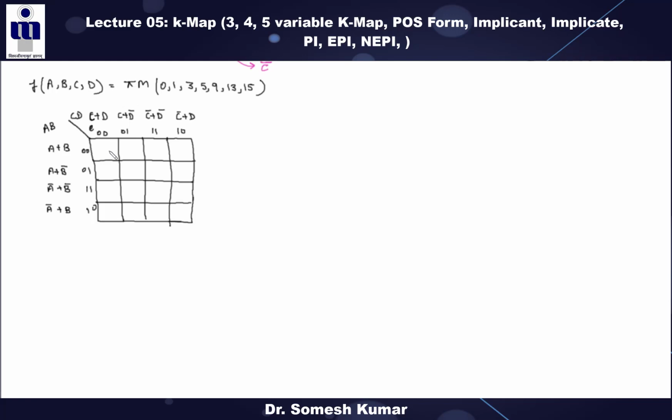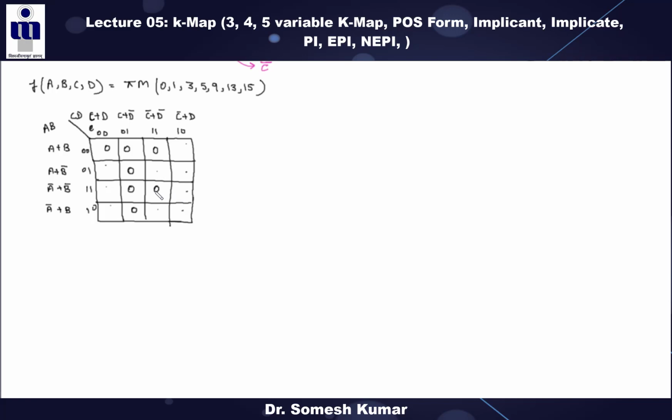As per our question, which are zeros? So this is 0, 1, this is 2, 3, this is 4, 5, 6, 7, this is 8, 9, 10, 11, 12, 13, 14, 15, right? Clear?